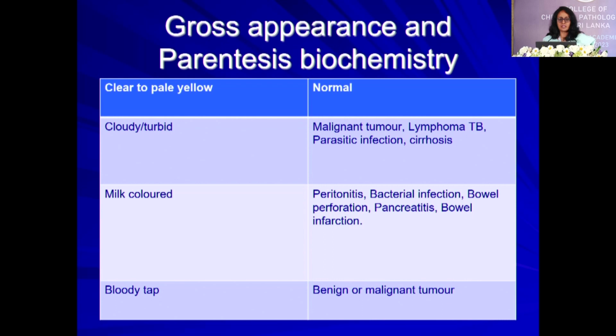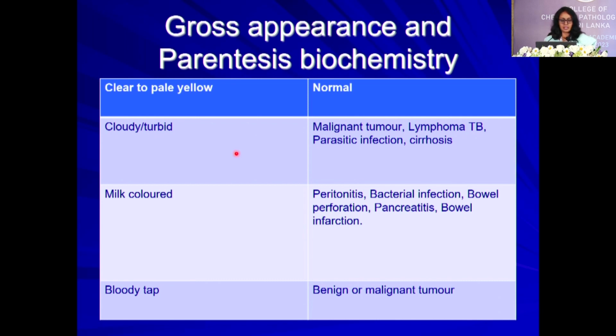When you consider the gross appearance and the paracentesis biochemistry, usually the color is pale to yellow. That is a normal color, and if it is cloudy or turbid, it can be a malignant tumor, lymphoma or TB, or parasitic infection or cirrhosis.